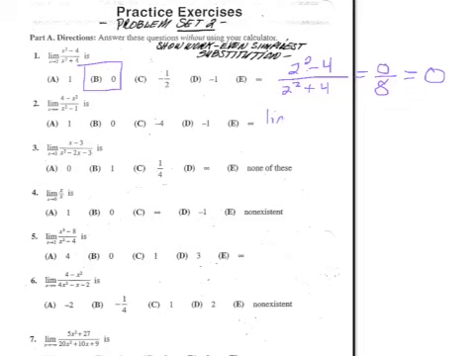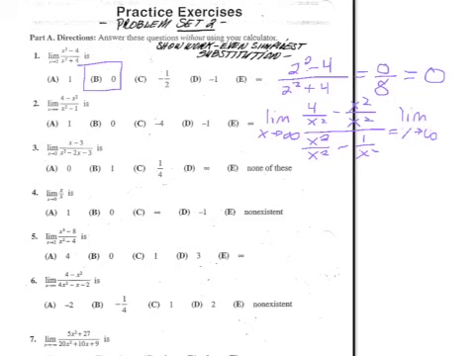So if we divide each term by x squared, we end up with the limit as x approaches infinity of 0 minus 1 over 1 minus 0. So our answer will be negative 1.